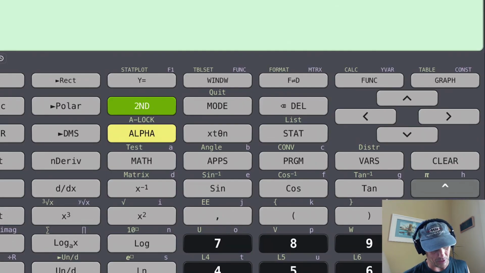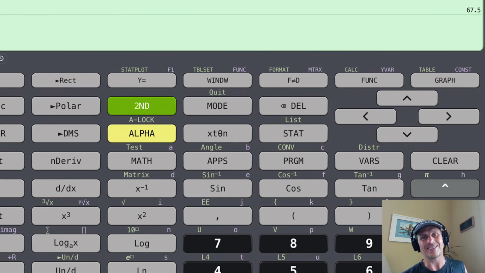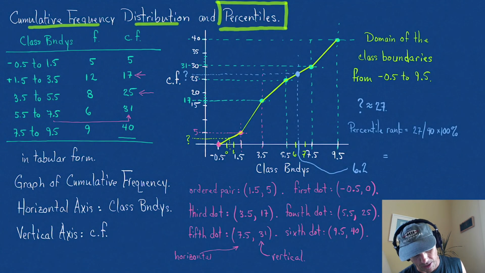So let's take our 27. We're going to divide that by 40, and then multiply it by 100 to get our percent, 67.5. So let's go back. Now I shouldn't use equals, I should use a squiggly here. So our percentile rank is about the 67.5th percentile.